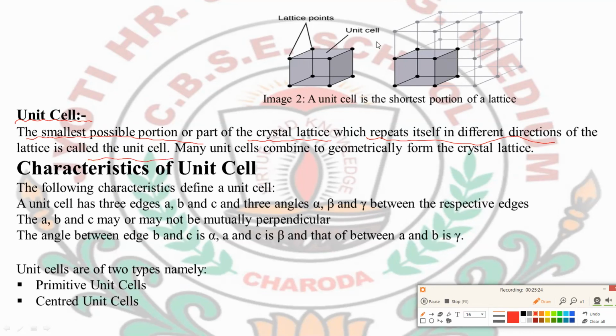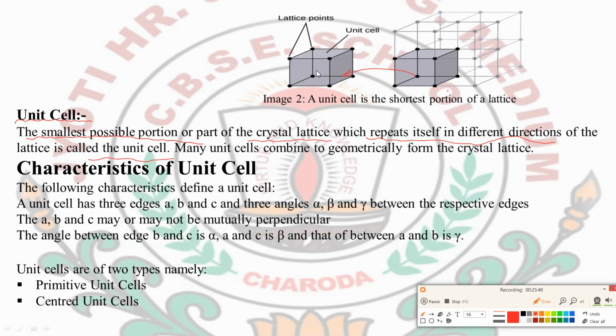For example, here you can see that a large cube has been formed due to the joining of different crystal points, lattice points. If I consider a single smaller cube of this large cube, this smaller cube will be considered the unit cell.